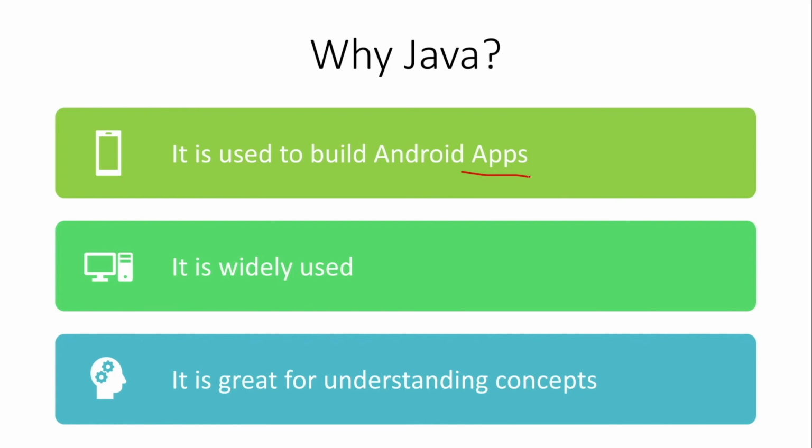Second, it is a very popular language and it is very widely used. Third, it's great for understanding concepts because there's certain things that you have to do in Java that are just not there in other languages. Though this may sound daunting, it is really, really good for your learning.